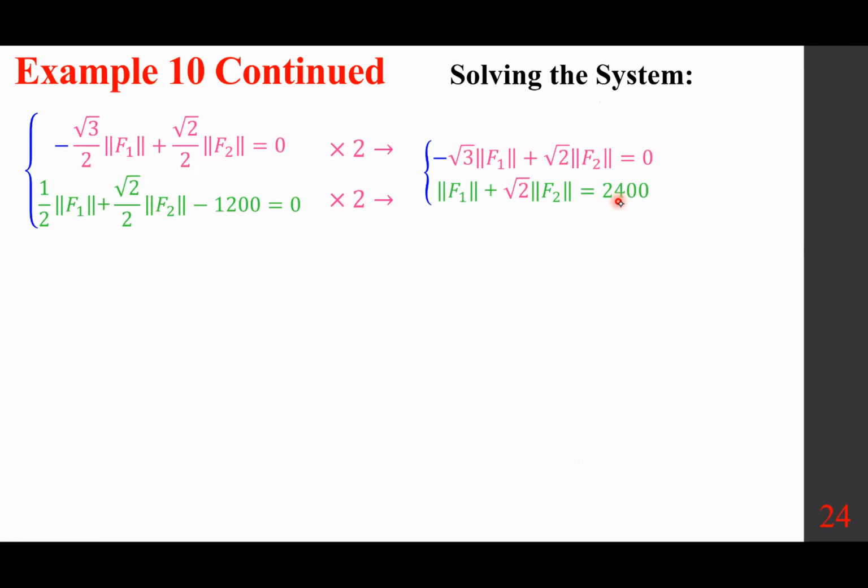Since we want to solve this, it is easy to solve it by the addition method. Notice these two are identical. So if I subtract one from the other, or simply I'm going to multiply one of them by negative, either this one or that one makes no difference. If I multiply this one by negative, this becomes minus, this becomes minus, this becomes minus. So I'm multiplying the second one by negative, and so these two cancel each other.